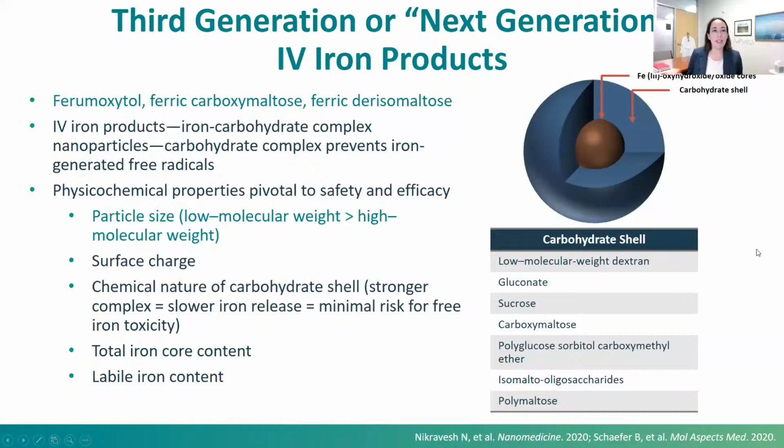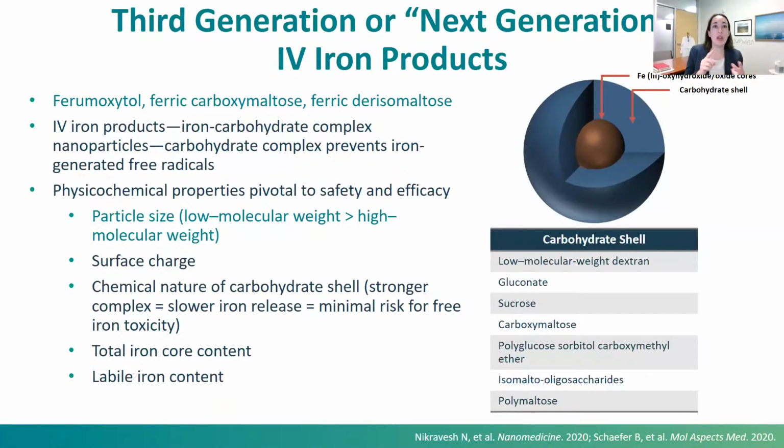So now we're really going to focus on the next generation of IV iron products. These are the 3rd generation, and these include ferumoxytol, ferric carboxymaltose, and ferric derisomaltose. What sets these newer products apart is that there's a newer iron carbohydrate complex that is able to envelop and securely give a large amount of iron without a lot of iron free radical generation. For the older products, all of them, if you notice, have a carbohydrate in the name.